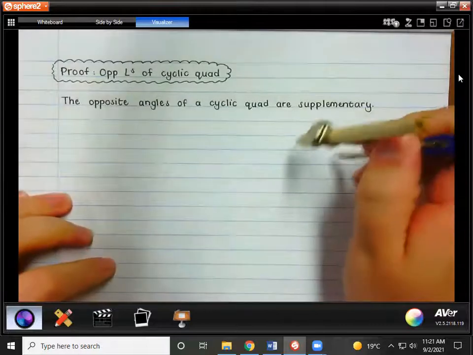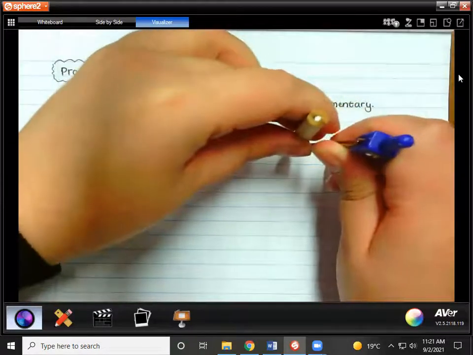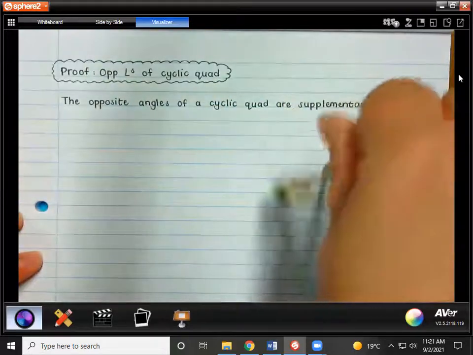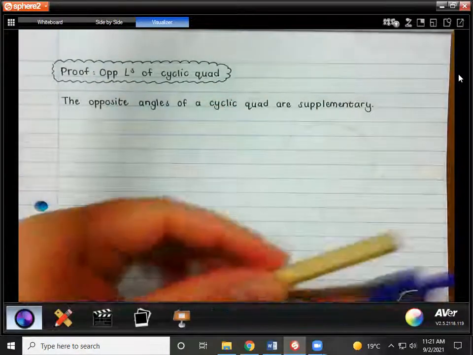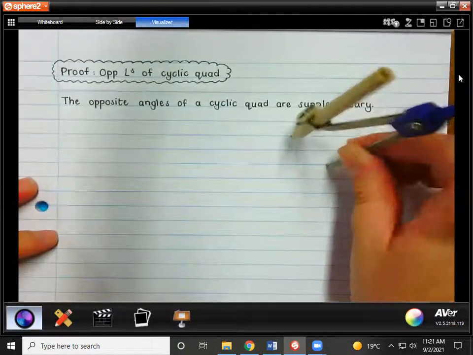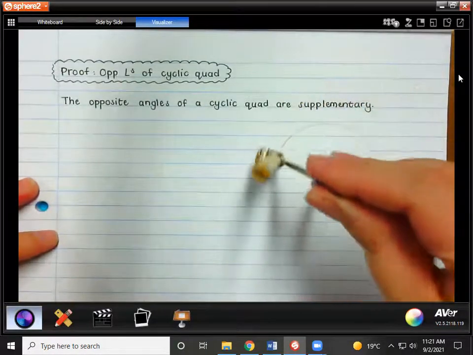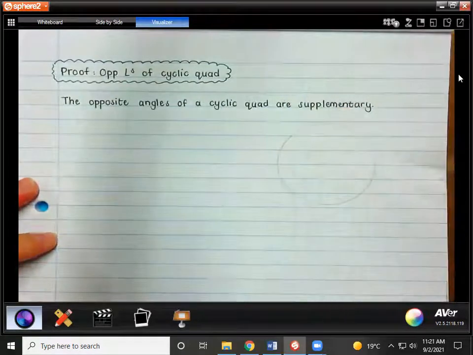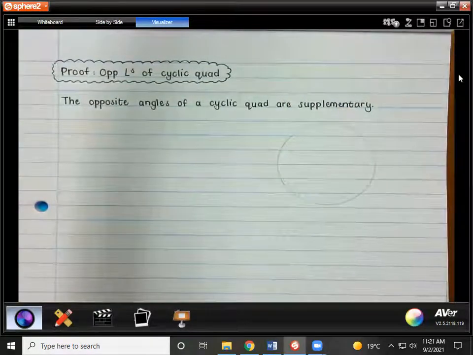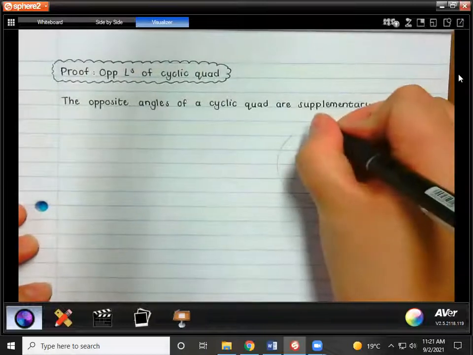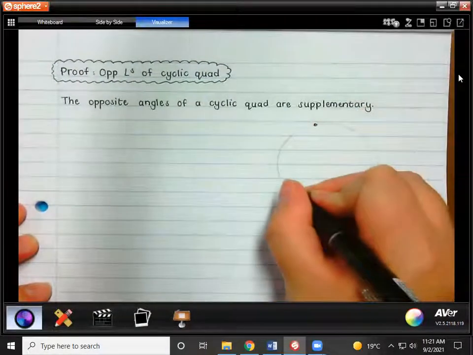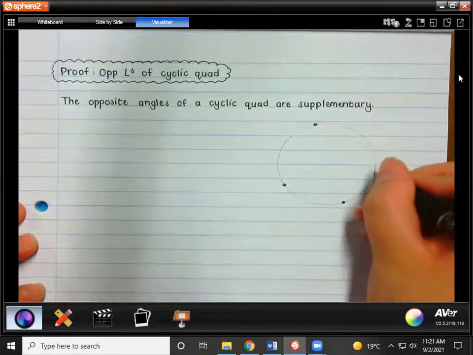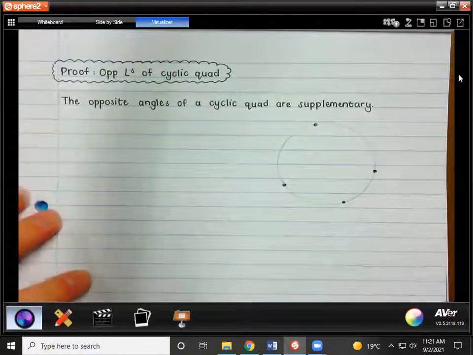Okay, I'll just do it on the side here. Oh no, that's not good. That's a very faint circle, but I think you guys get the idea. And then we're just making 4 points on the circumference. It doesn't have to be exactly like mine.